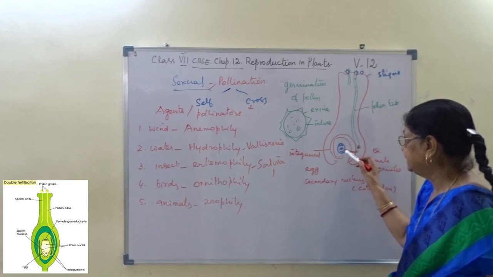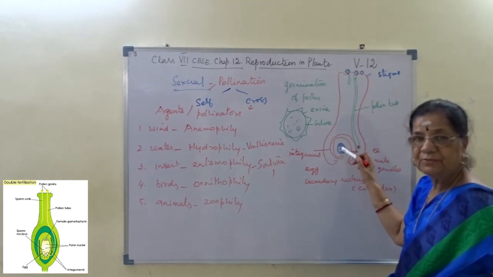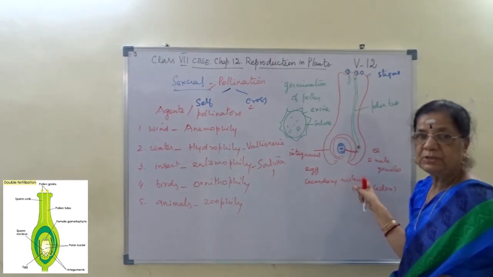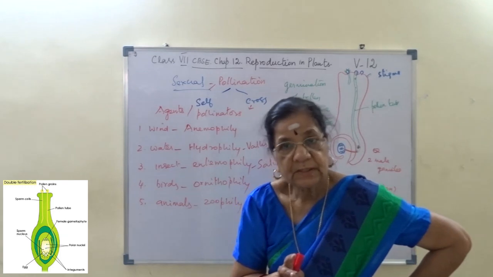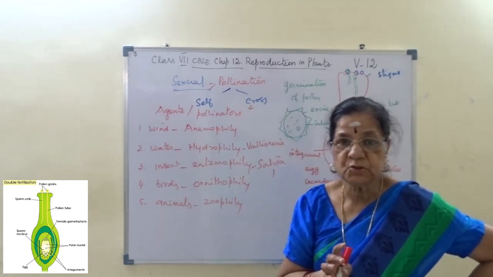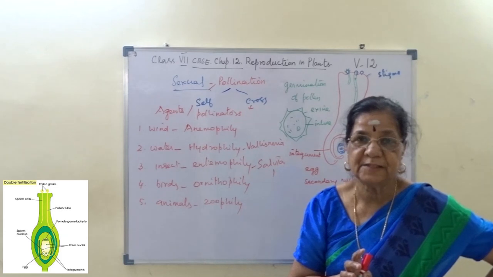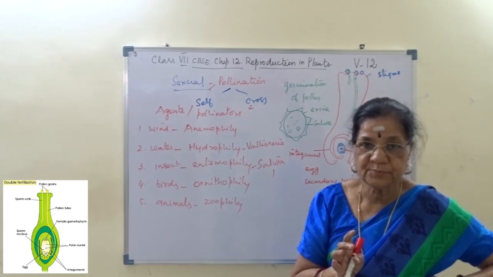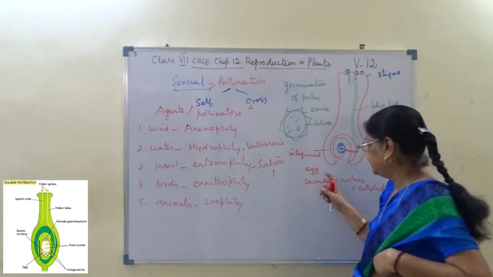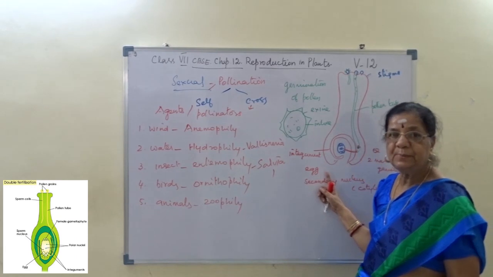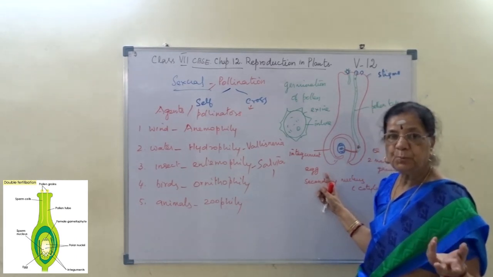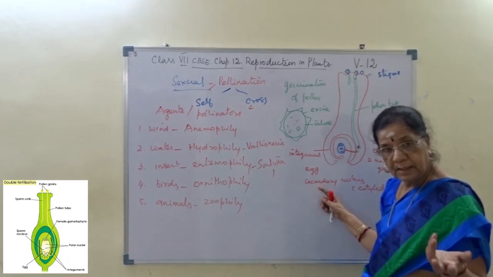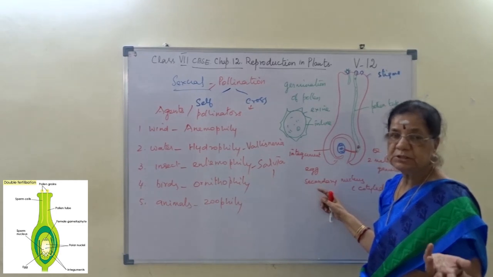One male gamete fuses with the egg proper, another with the secondary nucleus. So in flowering plants the fusion is double fertilization. I hope you understand. One forms the embryo proper, the fusion of egg and male gamete develops into the embryo proper, and the secondary nucleus develops into the cotyledon, the nutritive tissue.